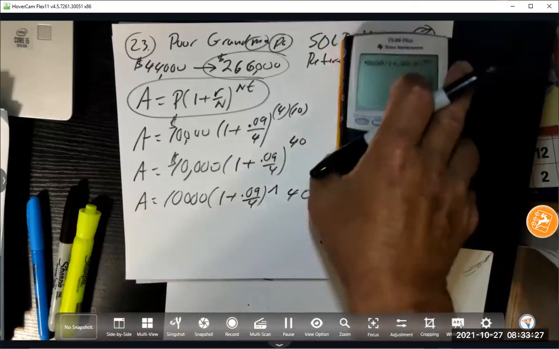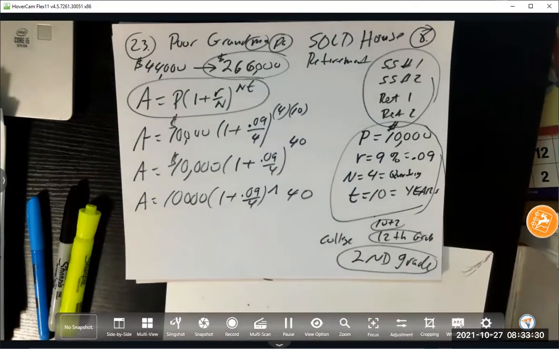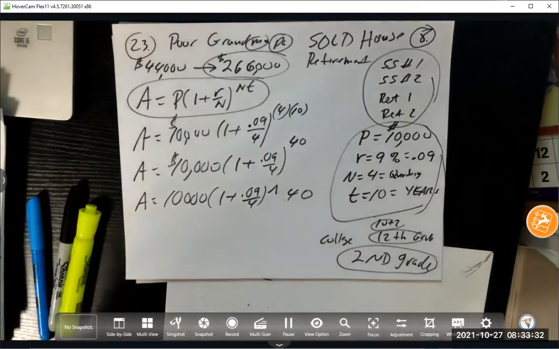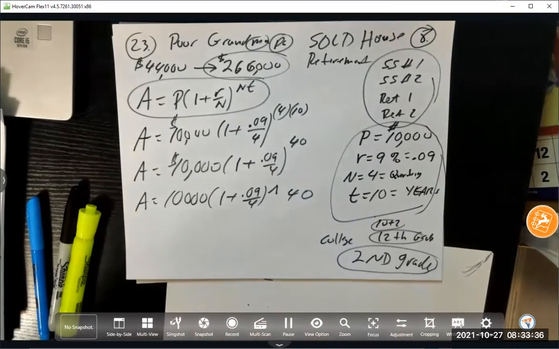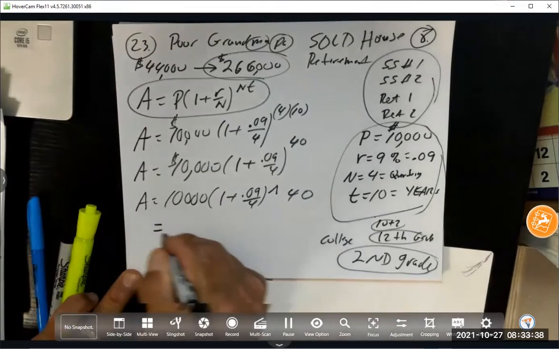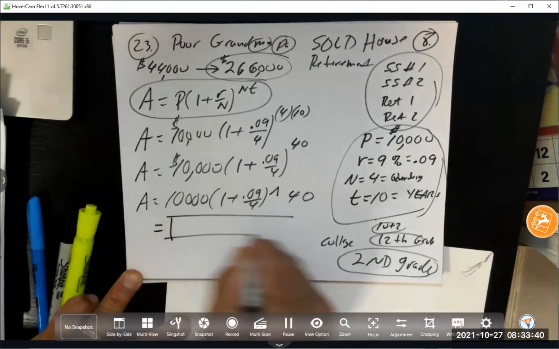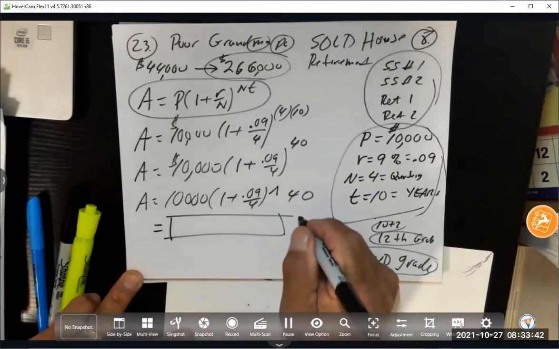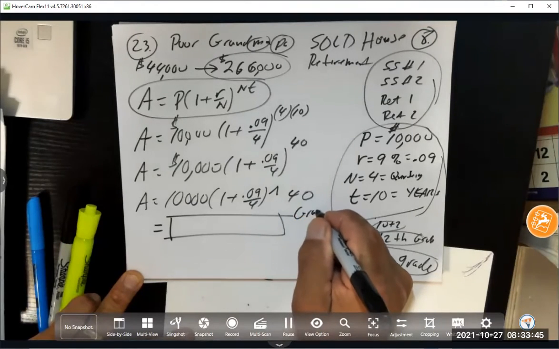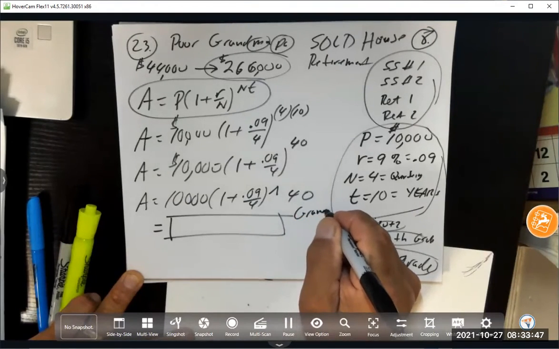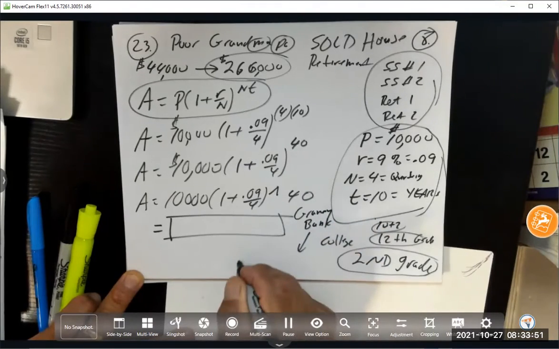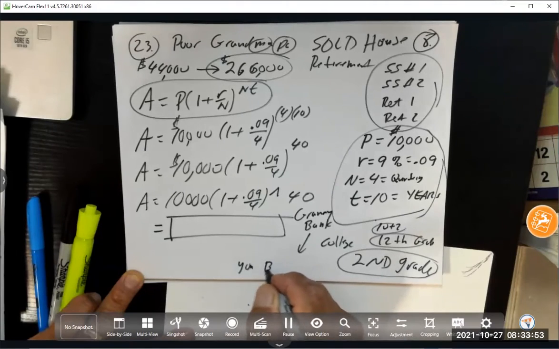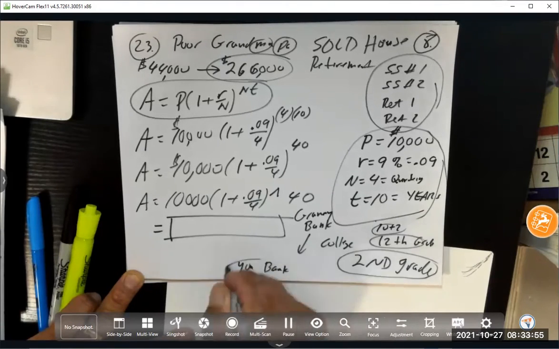Okay, ready? So when you're finally graduating from high school in May, your money's going to be ready. Really? So how much money are they going to transfer from Grandma and Grandpa's bank to your bank? You're going to say, here are the passwords, here are the usernames, put the money in your account.